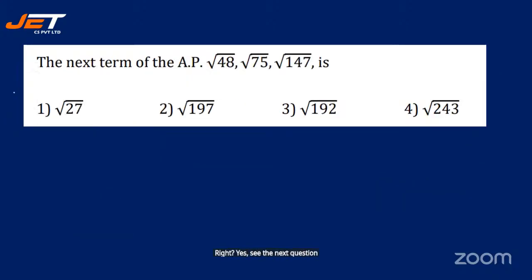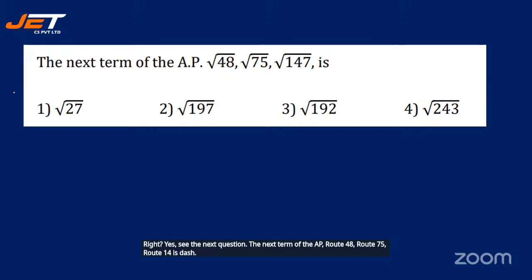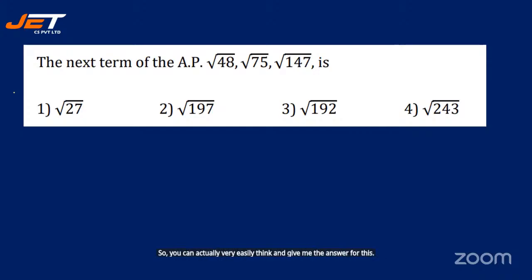The next term of the AP root 48, root 75, root 147 is dash. You can very easily think and give me the answer for this. This is not that difficult.